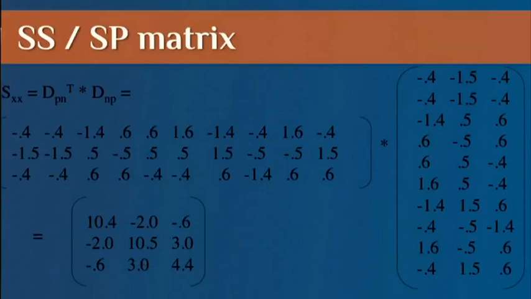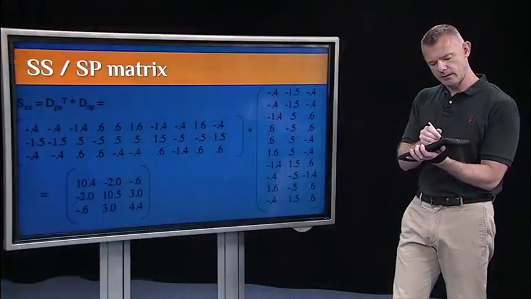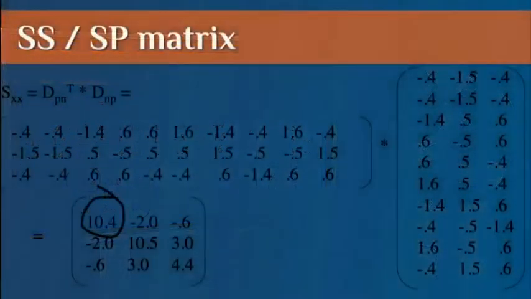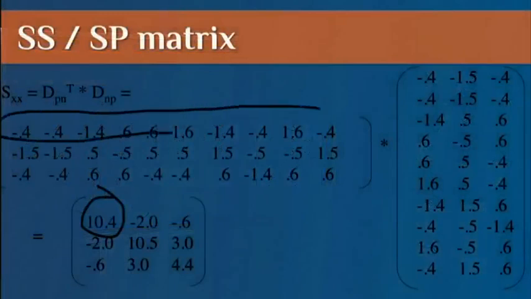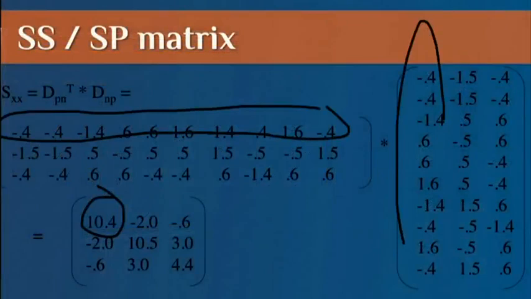Now, why is that? Well, what's in the diagonal? Let's go to row 1, column 1. I would go across row 1, down column 1. What I'm doing is taking each deviation score, multiplying it by itself. That's the deviation score squared, and then summing them all, right? That's sum of squares.